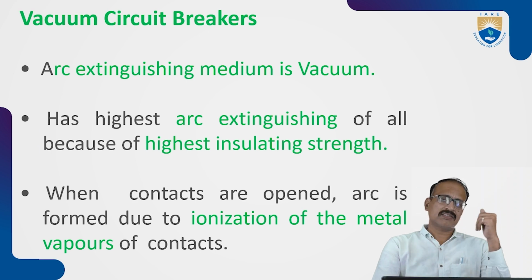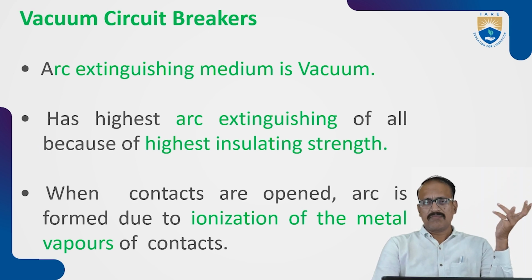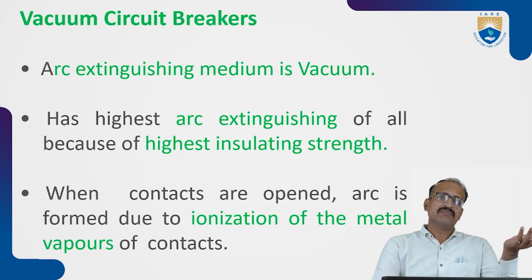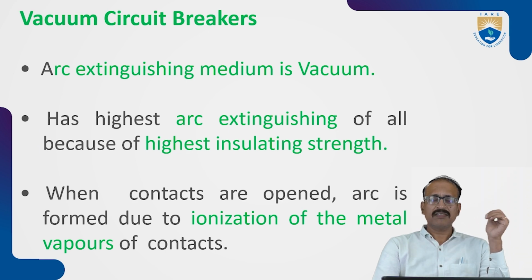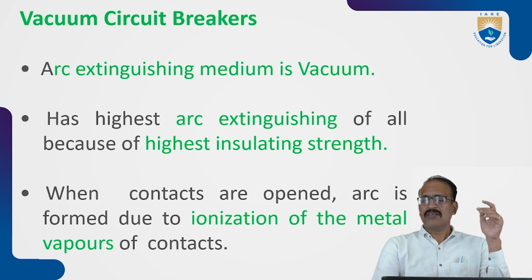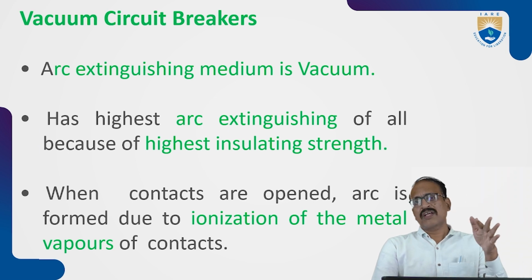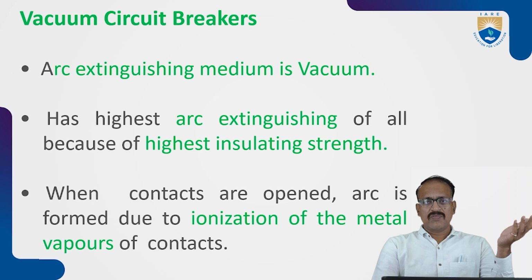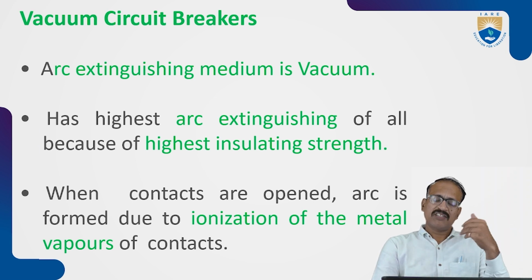Even though its dielectric strength is high, the fault is a very, very high current. In oil, there is hydrogen, which is more than air. And SF6 is three times more than air.